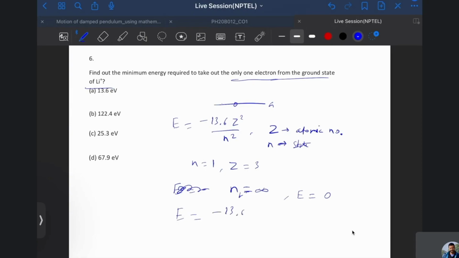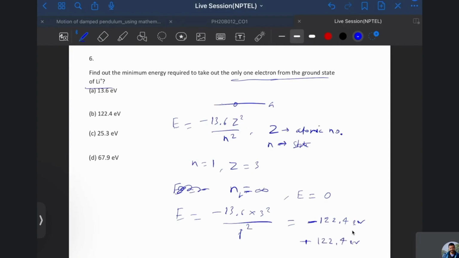So the total energy that we need here is just 13.6 into 3 square by 1 square. If you calculate it, it will be 122.4 electron volt. But this negative sign, as I told you, reflects that the electron is bound to the nucleus. So the energy that you need to give is positive 122.4.